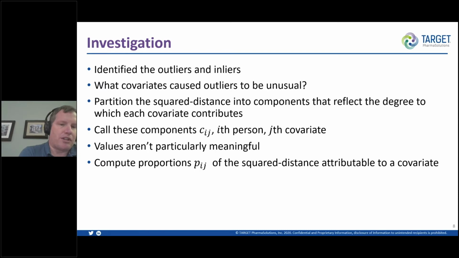But we can compute the proportion of the outlier distance attributable to a particular covariate. We can do some transformations of the computations to get these PIJ.